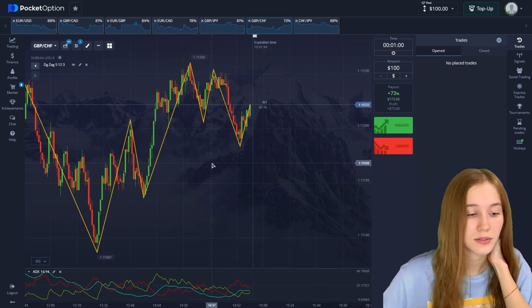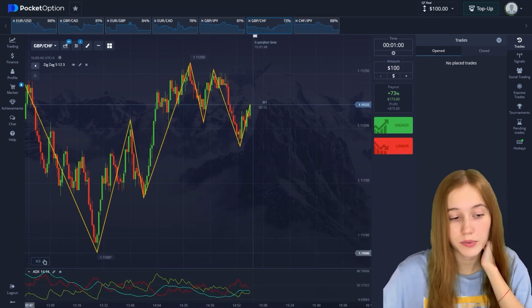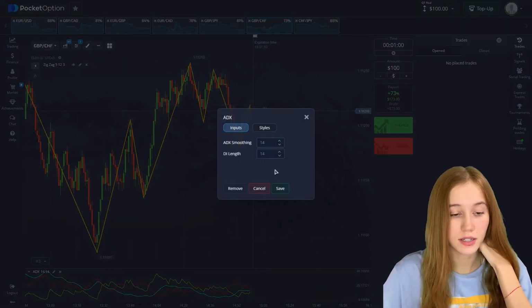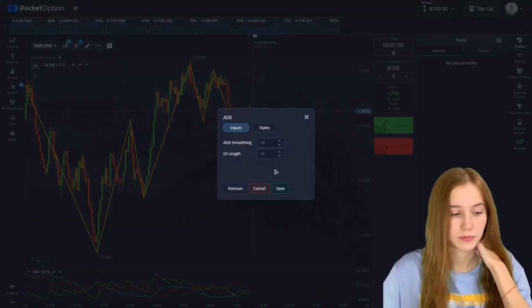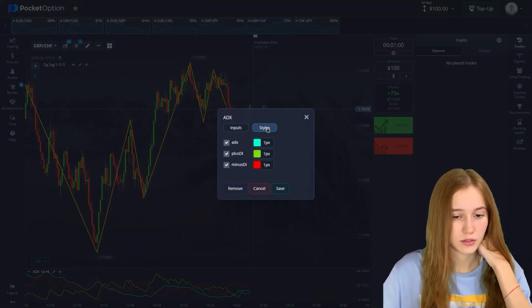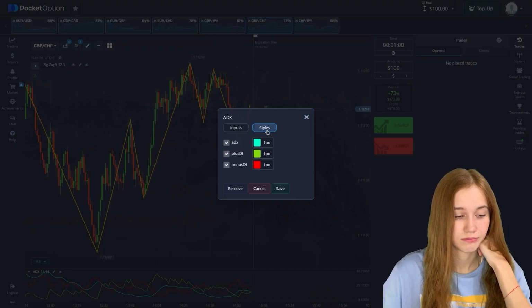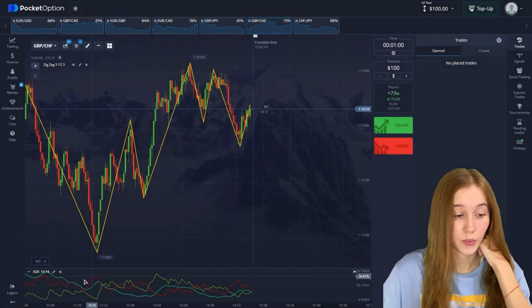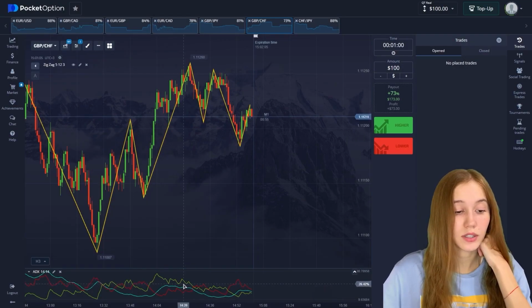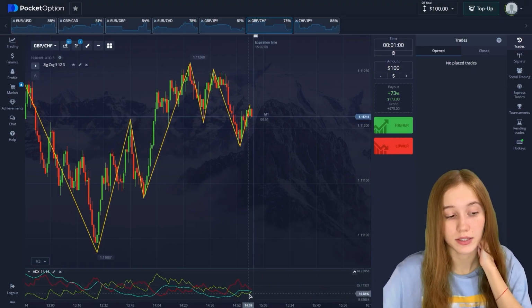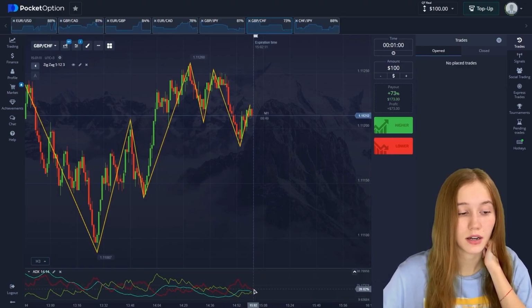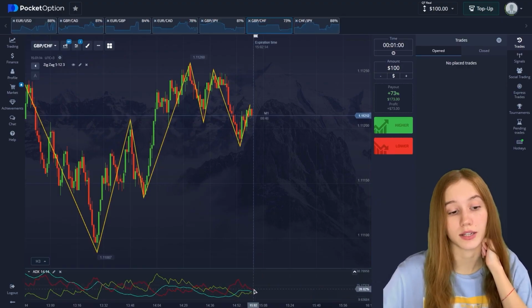Our second indicator is ADX. At the bottom of the screen, these are the settings. You can also copy them here. It shows the average distance between two components, the plus DI and minus DI red lines.